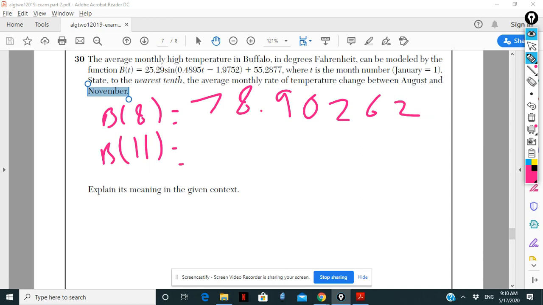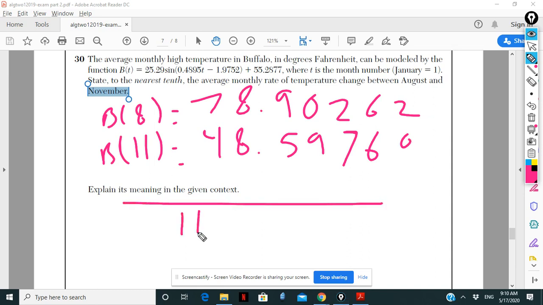After that I add 55.2877, so giving me 48.59760. Now, to find the average rate of change, I have to subtract the values and divide by 11 minus 8.